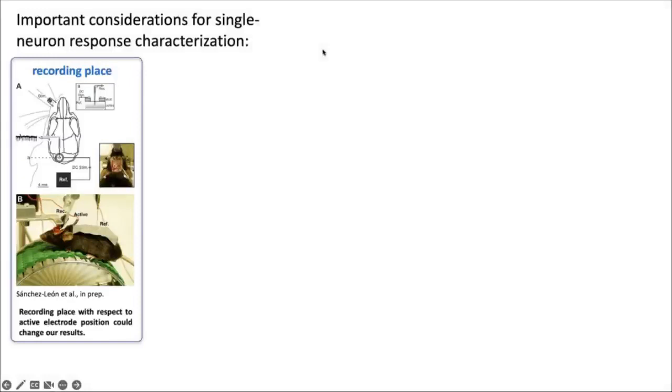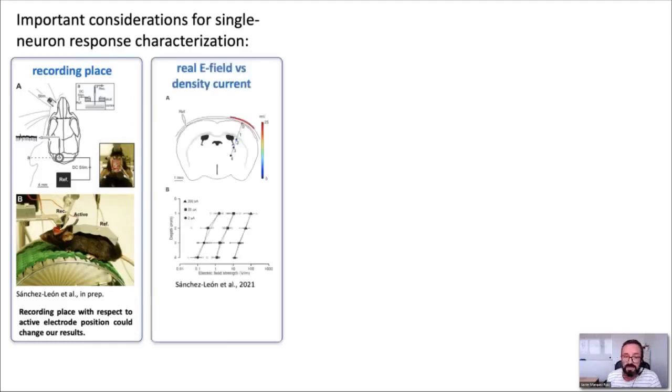The second point is not only about the animal model, but also, when we want to record single neuron activity, there are many parameters that we need to consider. One of them is, for example, the recording place.